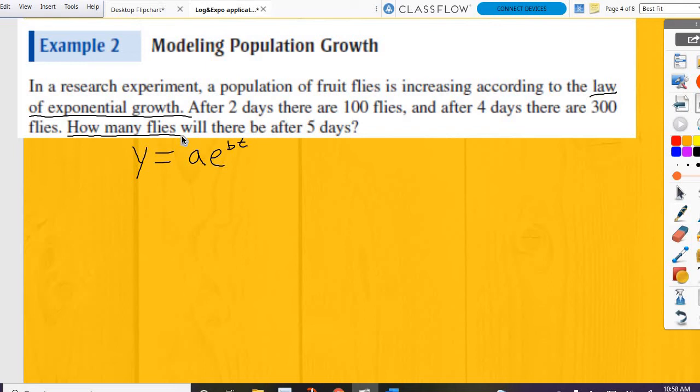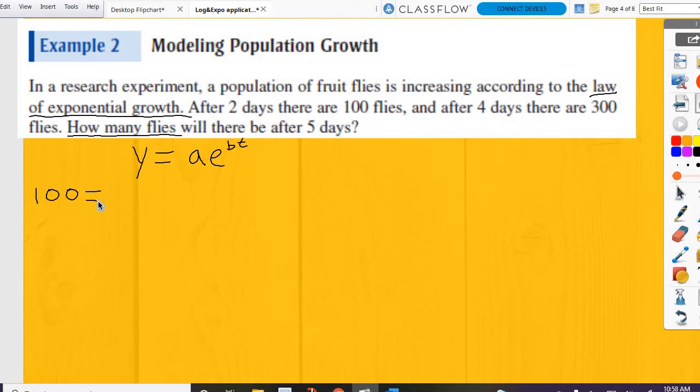So what do we have to find? A and B, right? Are we all with me? So that's where that other information comes into play, okay? Again, what is our t representing in this case? Days, which is time, right? So if they give me a set of numbers, notice that we could plug that in for t, time, and y, which is going to be our population.